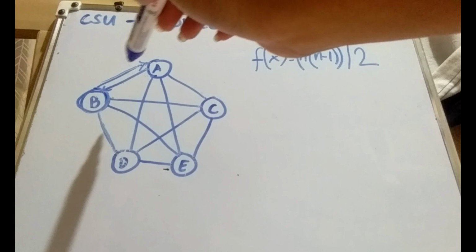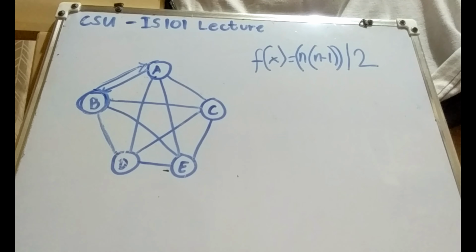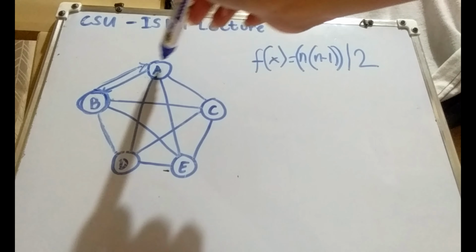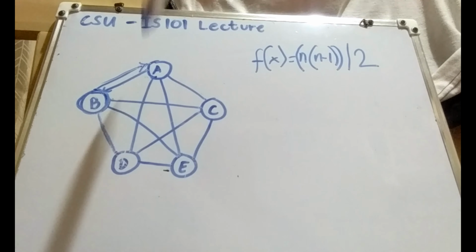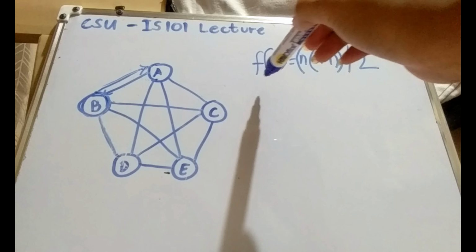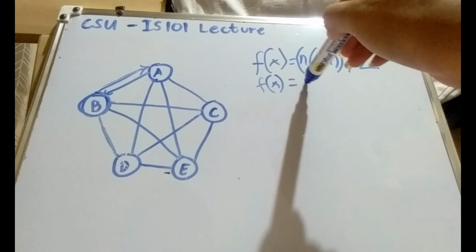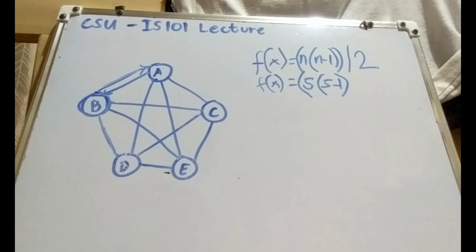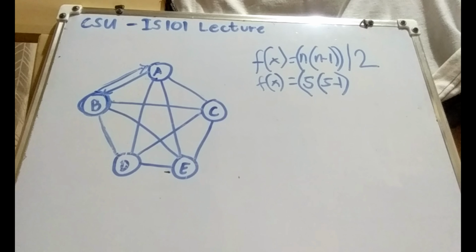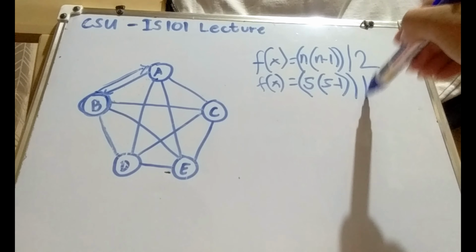So in our example, we have five devices that are connected, or people that are connected. f(x) is equal to 5 times (5 minus 1), so that it cannot connect to itself, divided by 2.